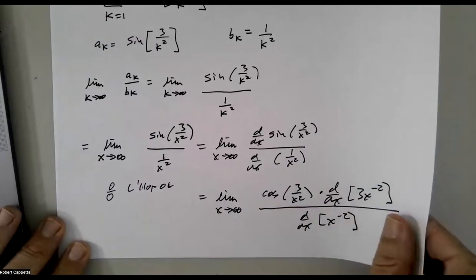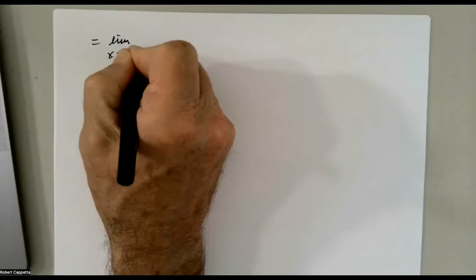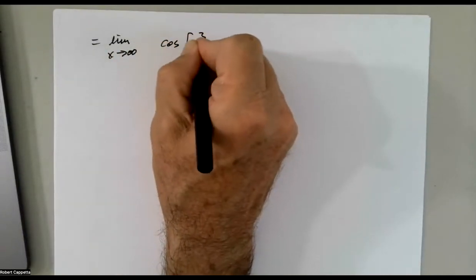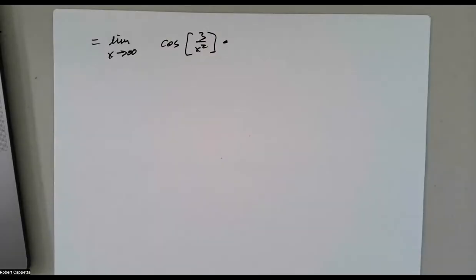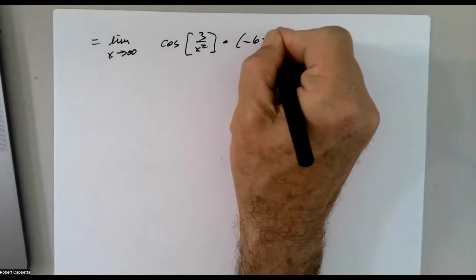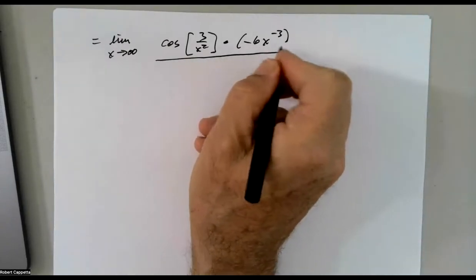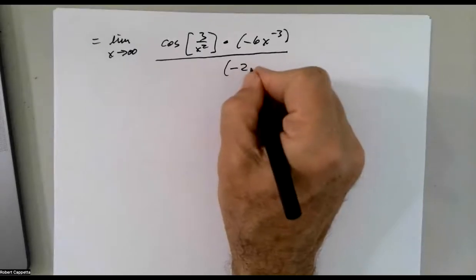So then what are we going to say? This will equal the limit as x goes to infinity of cosine of 3 over x squared times the derivative of 3x to the negative 2, which would be negative 6x to the negative 3, divided by the derivative of x to the negative 2, which is negative 2x to the negative 3.